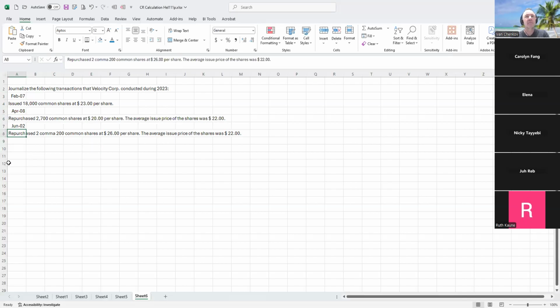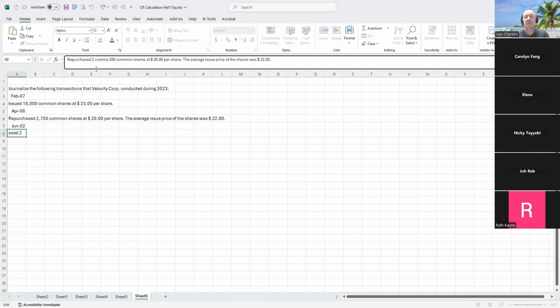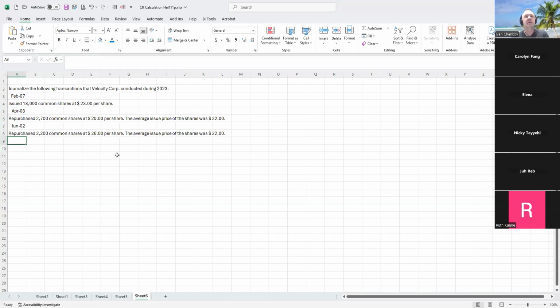And we're gonna repurchase 2,200 shares for $26, with the average issue price being $22. So in this case, you don't have to pay attention for the first entry. You just have to do the first entry. Then you're not using the $23 anymore for the average issue price, since the average issue price is given to you. So let's go first one, February 07.